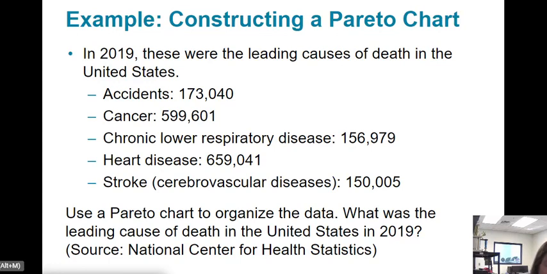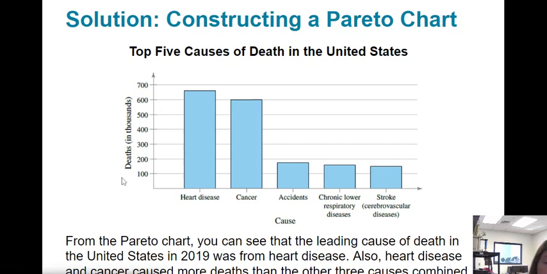Pareto chart. You've got your categories: accidents, cancer, chronic lower respiratory disease, heart disease, stroke. Those become your x-axis, and then you develop a system for how you want to label your y-axis. Here's our example. Instead of going up 170,000 with tick marks, you could use a label saying here's the deaths in thousands, and so on.